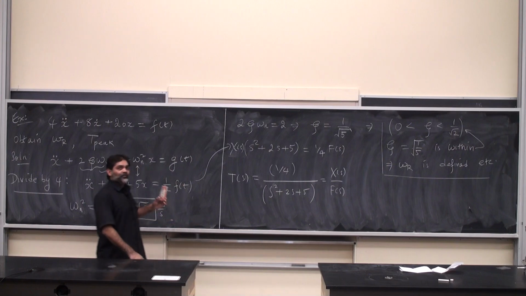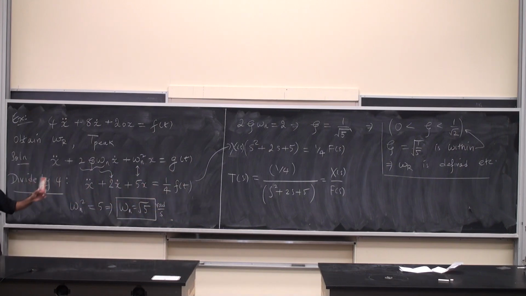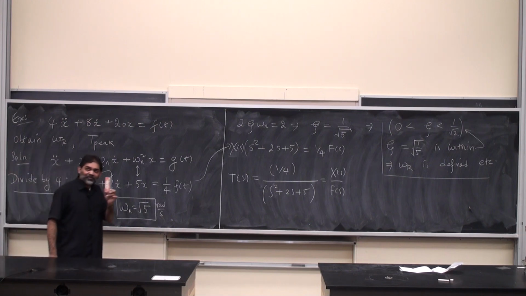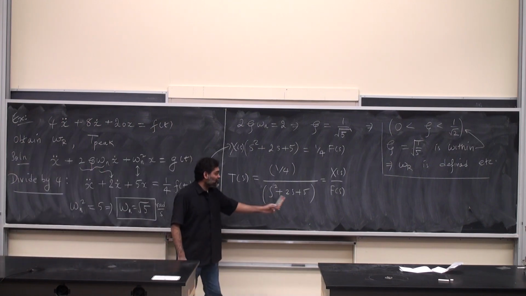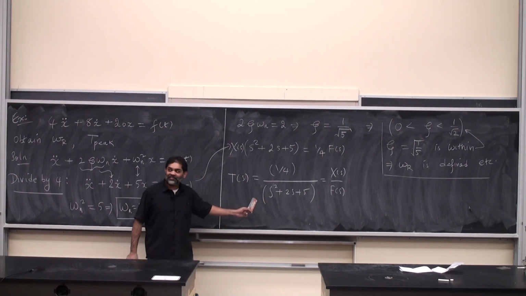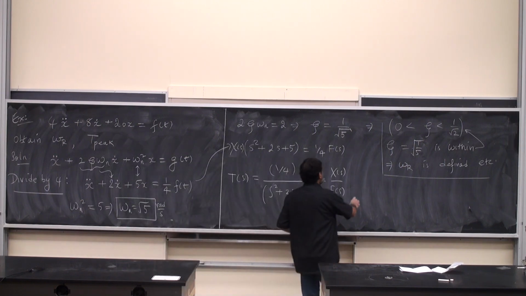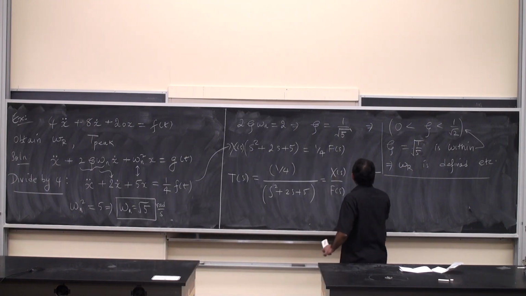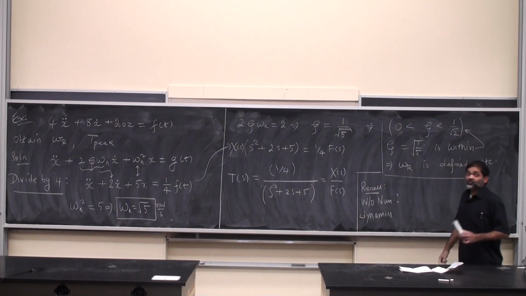So I have this system here. This is not the form I want. When I do frequency response analysis, always remember, what do I want to have? I want to have this last term as 1 and everything else divided by that term. Because, recall, for without numerator dynamics, what was our system transfer function?